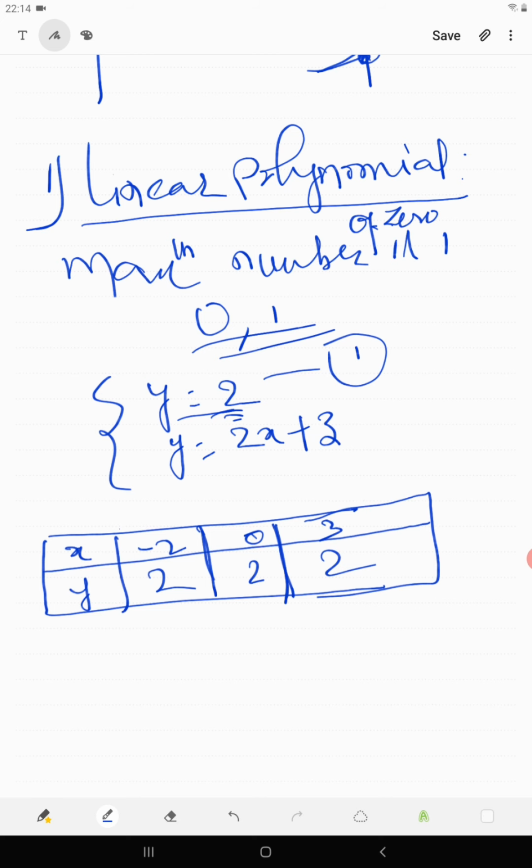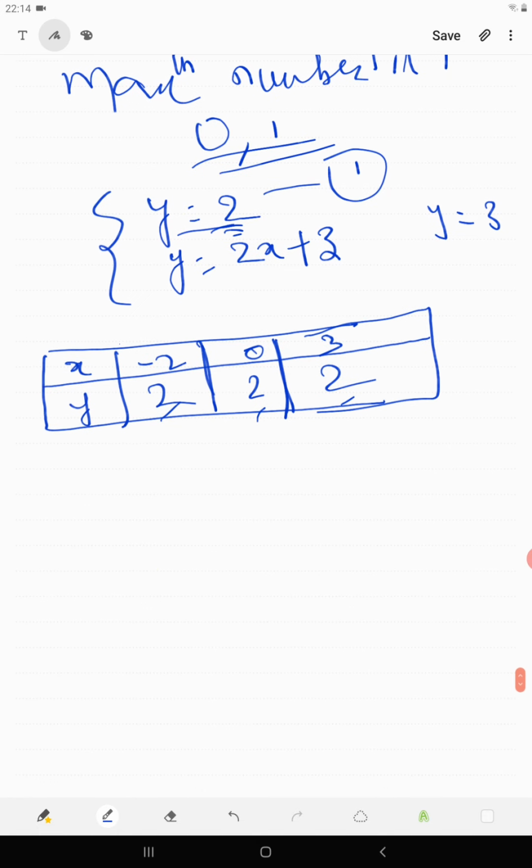You put any value of x, the y value will remain constant, and that value is 2. If suppose y equals to 3, then here this will be 3, 3, 3. This is very important. For any value of x, y will remain constant.